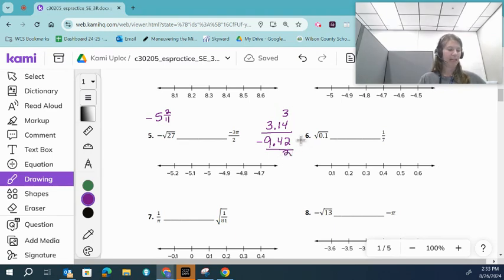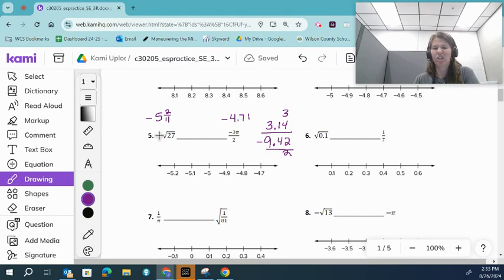So we're taking 9.42 divided by 2, and we get 4.71. So -4.71. We can also estimate this very roughly, as pi is 3. So -3 times 3 is going to be -9, divided by 2 is about -4.5.